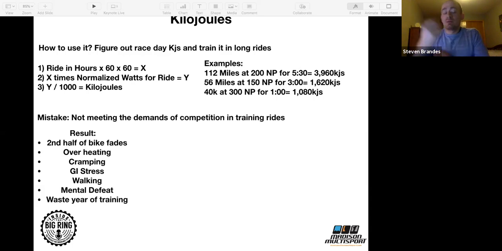Believe it or not, a lot of people are not riding 112 miles before their race. But on race day, they go harder. So what they think is, well, I've covered the distance, I'm used to riding the distance. But they actually haven't ridden it at the intensity level or the energy that they're going to on race day.